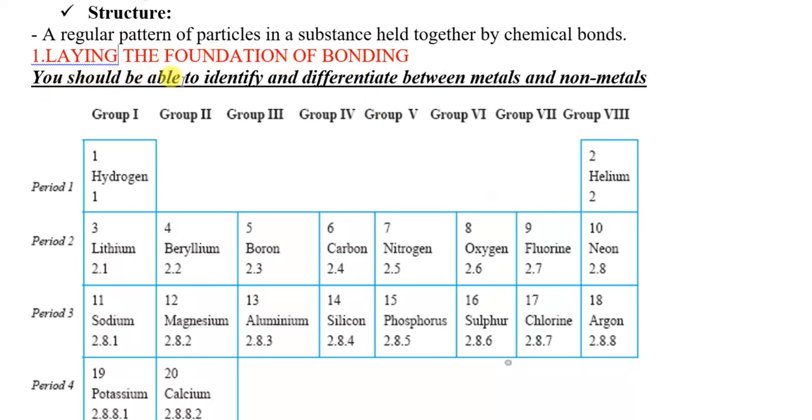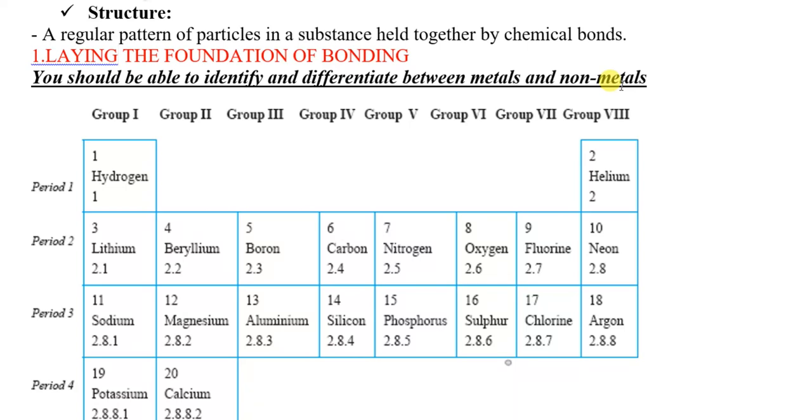So you should be able to identify and differentiate, very important, between metals and non-metals. If you don't know that this is a metal, this is a non-metal, then it is going to be very difficult for you to know which bond is between the compound given.